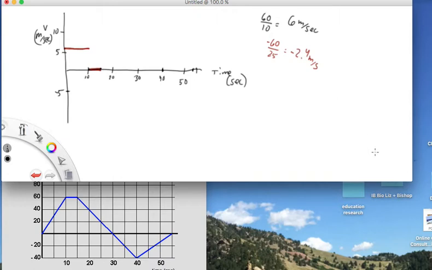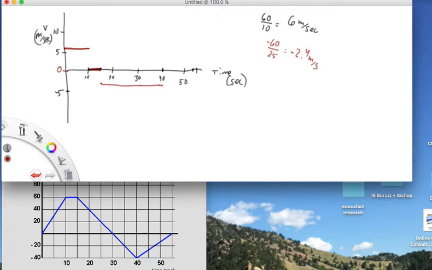So it's going to be almost right in the middle of this mark right here, which is 0, and here. So it's going to be right about there. So let's see, from this point, 15, all the way to 40 seconds, it's going to be the same. Namely, it's going to be negative 2.4.